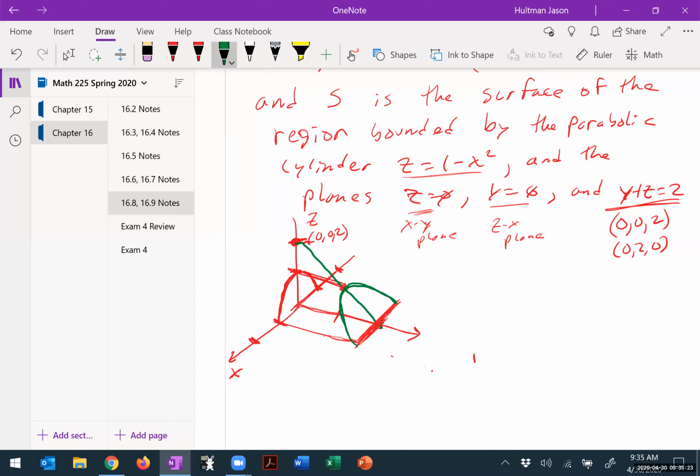Does that make sense? It's slanted along that plane, the plane x plus z equals 2. Okay, so this is the solid that I'm looking at.